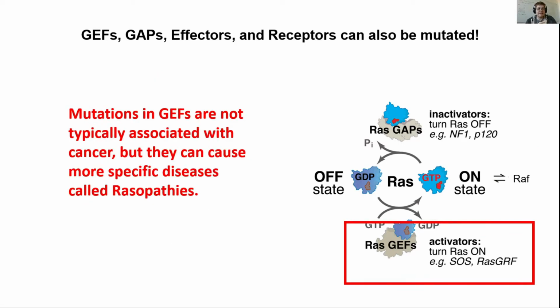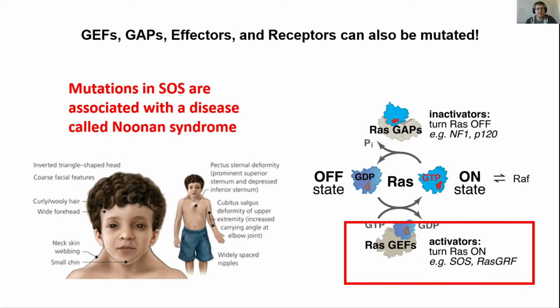Now, mutations in GEFs, you might think, okay, that's going to be a big one because GEFs turn on the GTPase. But in fact, it's less typical to see GEFs associated with cancer. But mutations in GEFs do cause other, more specific types of diseases, which are called RASopathies. An example is that there are mutations in the son of sevenless GEF that are associated with developmental diseases.